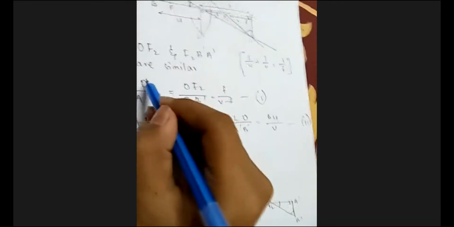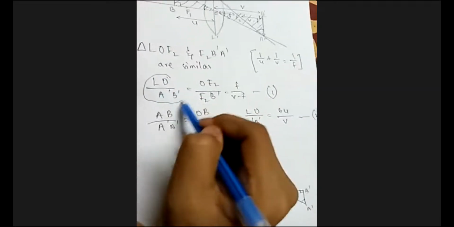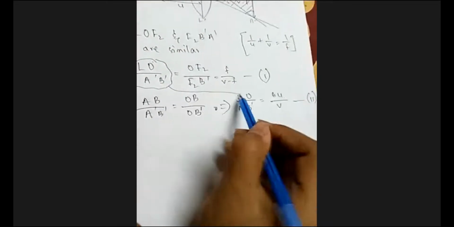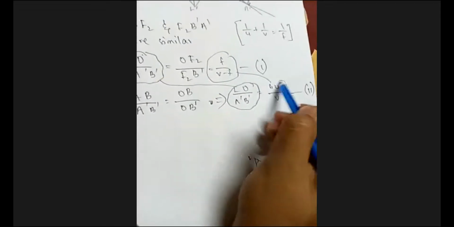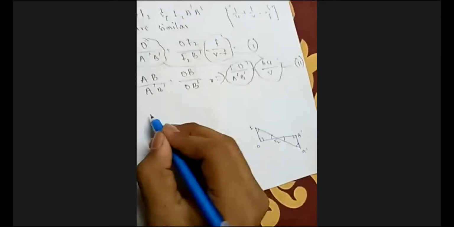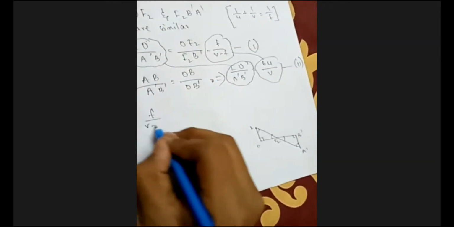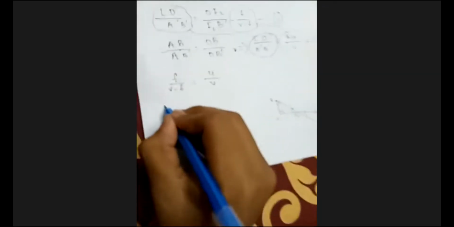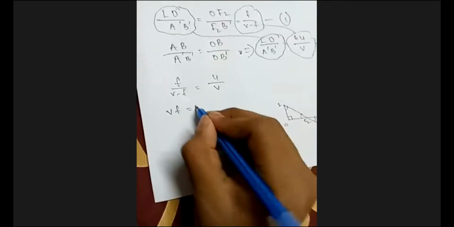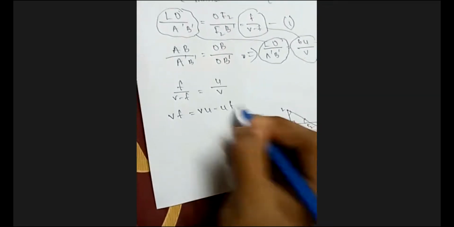If we compare these two equations, LO by A prime B prime is the same in both, so we can equate them: F by V minus F equals U by V. Cross multiplying, VF equals VU minus UF.